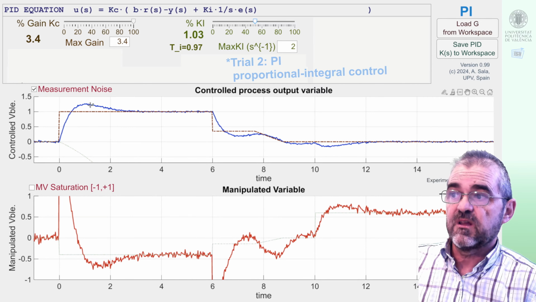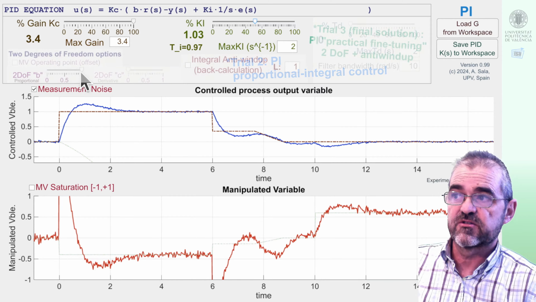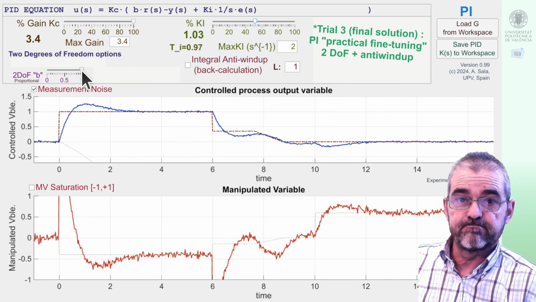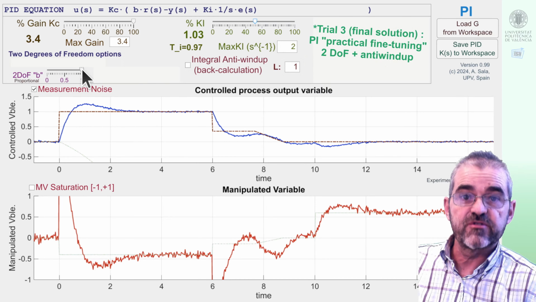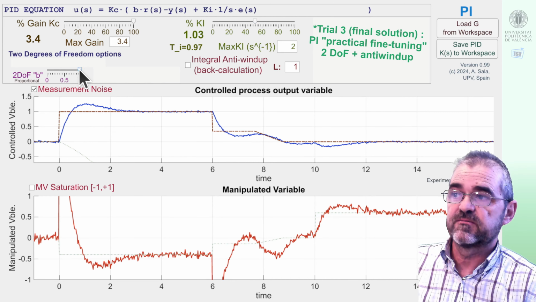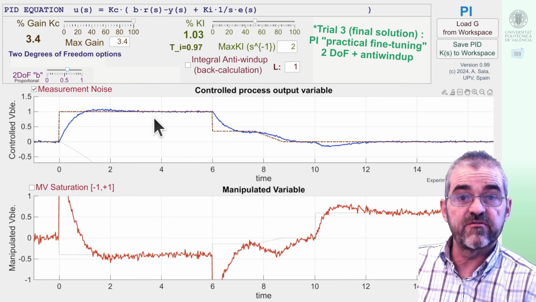And if we wish to diminish this overshoot, we can apply setpoint preprocessing, deceiving the proportional part of my controller into thinking that the setpoint is lower. In this way we can diminish this overshoot without changing the disturbance rejection response. This is called two degree of freedom control.